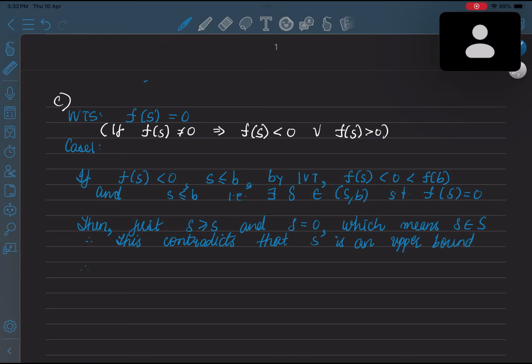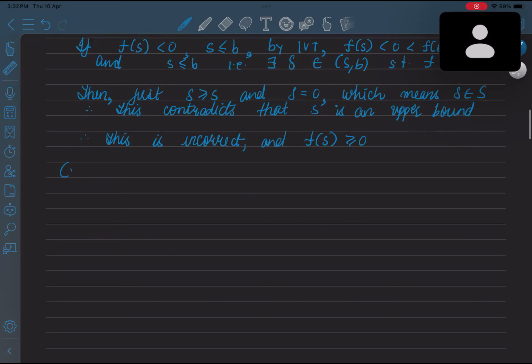Therefore, this is incorrect, and f of S has to be more than or equal to 0. And now we just need to make sure that f of S is not more than 0. So in this case, again, we use the continuity principles.